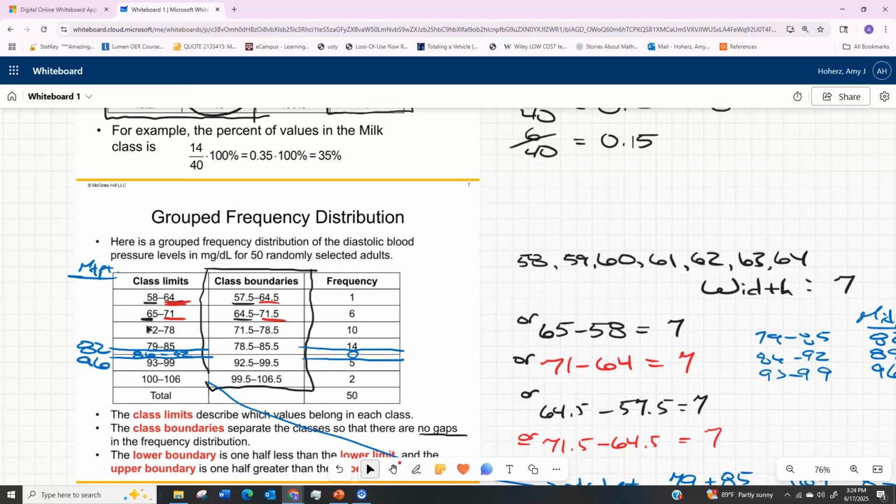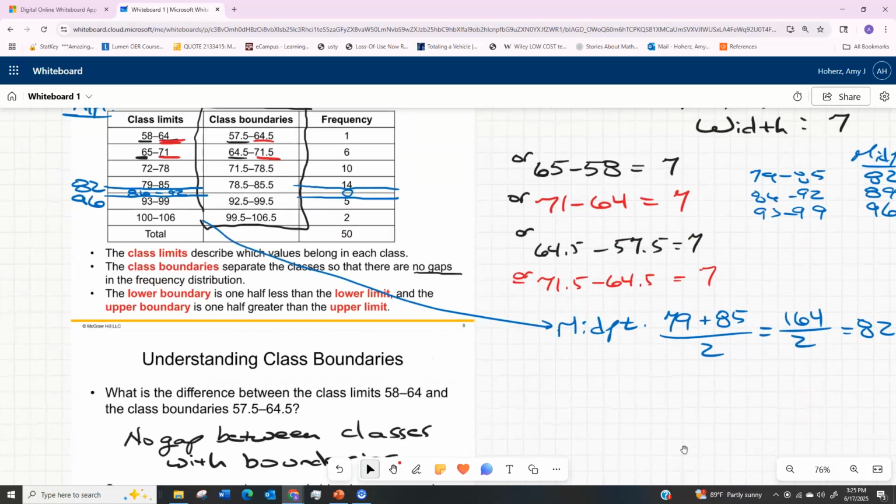You can't have them overlap. That makes it so that when you have a number, you don't know where it goes. So if we had 58 to 64 and then our next class was 63 to 69, where would you put the 64? Would it go in the first class or would it go in the next class? So we can't have these classes overlapping each other. And so that means that they have to be mutually exclusive.